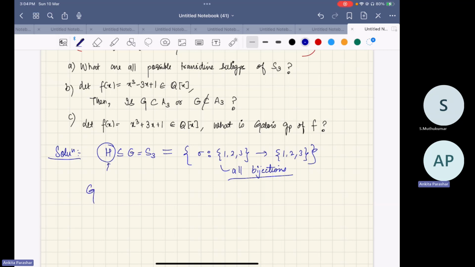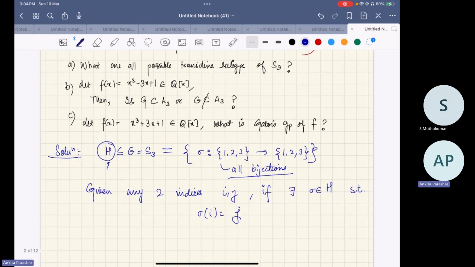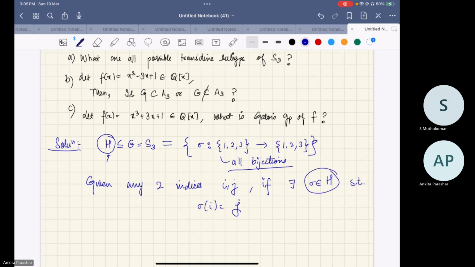That means given any two indices i and j, we say H is transitive if there exists a sigma in H, not in G, such that sigma of i equals j. This should be in H, not in S3. This is the definition of H being a transitive subgroup of S3.